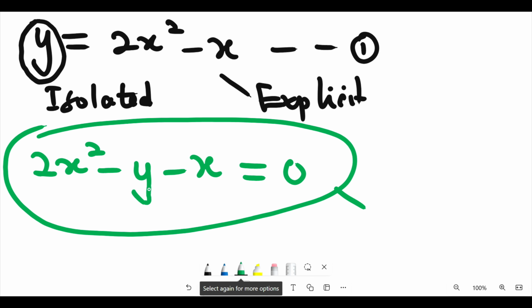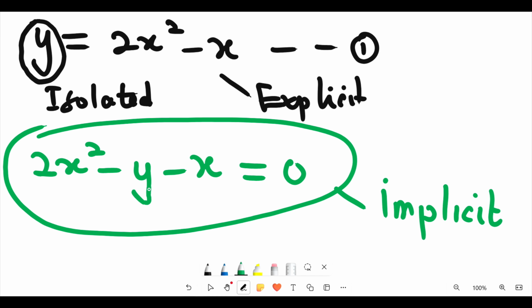Here, the dependent variable is not isolated. You could say we have the x and y all coming together, so they have been mixed up. This is what we call an implicit function.